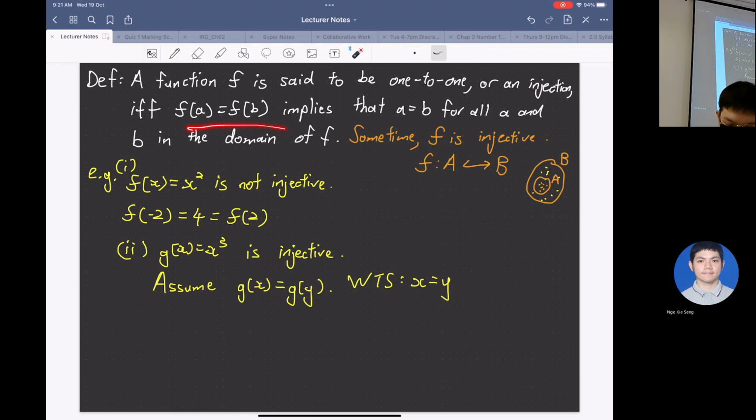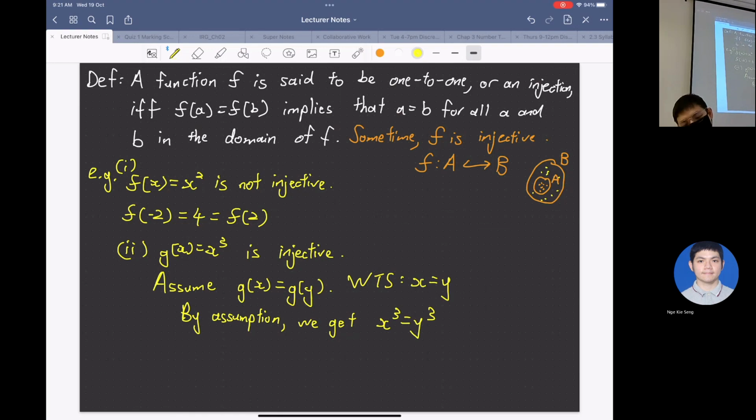This is the definition. So g(x) equal to g(y) by assumption, we get x cubed equal to y cubed. So how to get x equal to y?